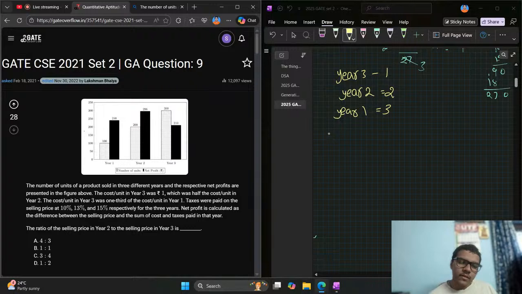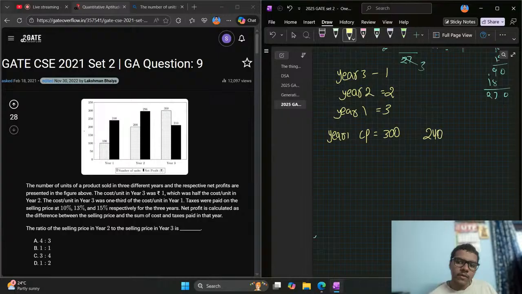So year 1, CP will be 300, and on that 240 rupees profit was incurred after 10% of tax. 240 rupees after 10% of tax. Your cost price is 300, right?